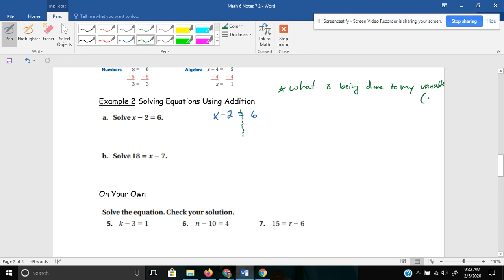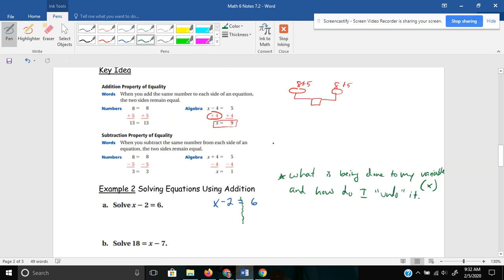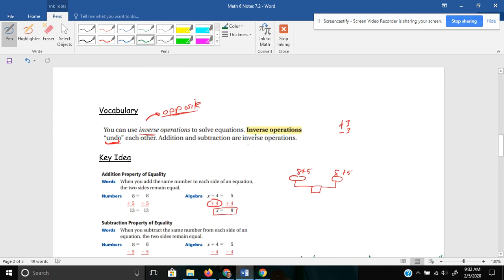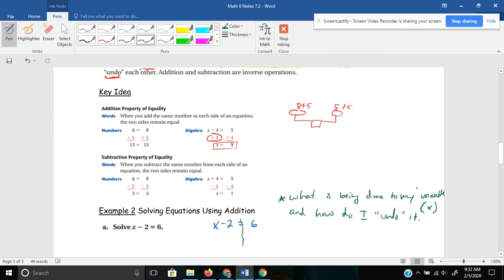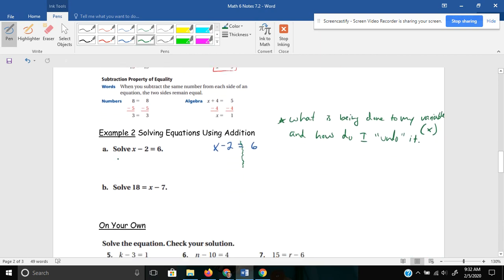And remember, that would be your letter, whatever it might be. And how do I undo it? Remember, that's what we just talked about up here, using the inverse operations. You can use inverse operations to solve equations or undo things, just like I said here.